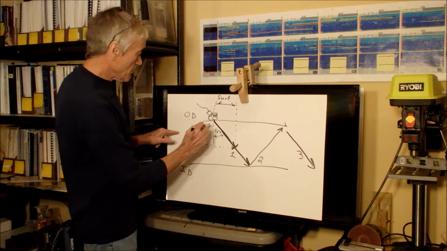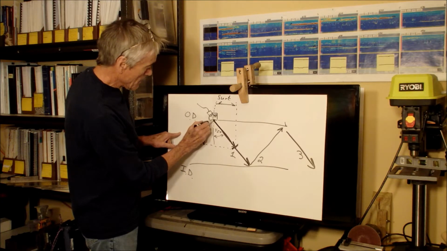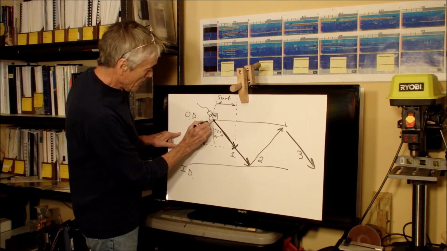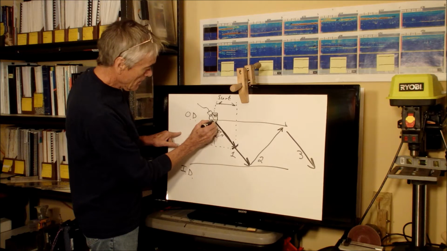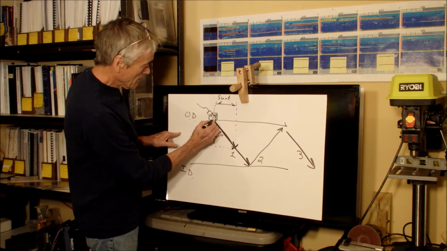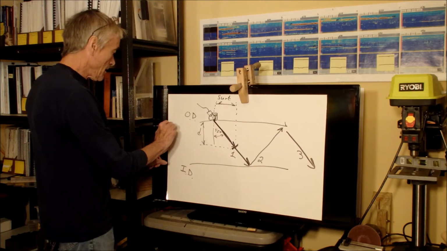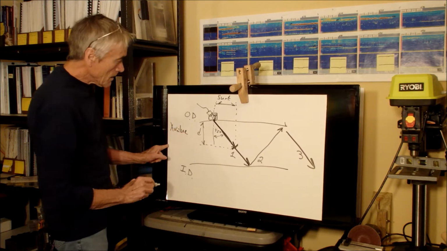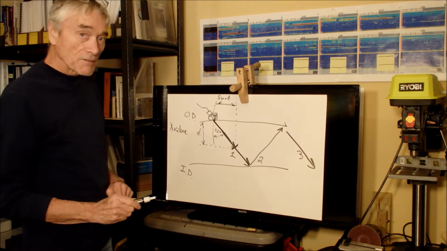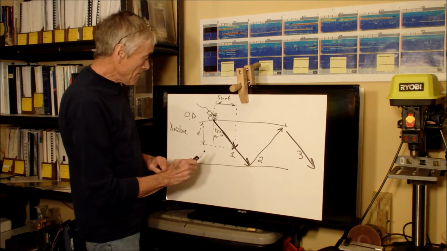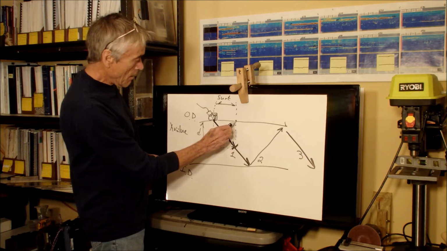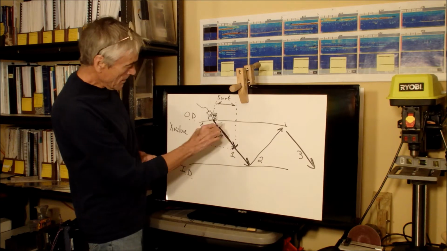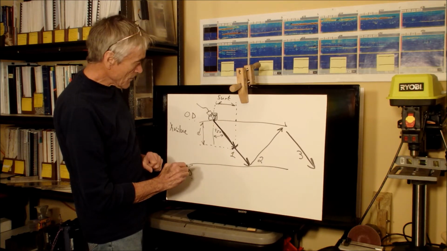Another term we'll run into is the distance from the index point, where the sound enters the material, to the front of the wedge. That's given this arbitrary term of X value. And we like using that term because if we had a reflector, we often want to know where that is below the surface.